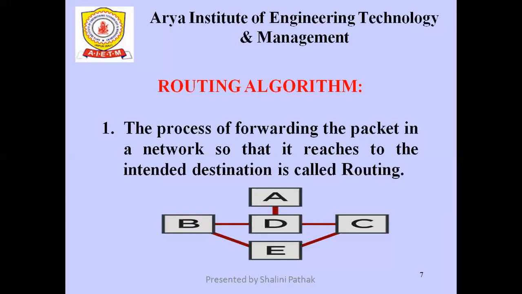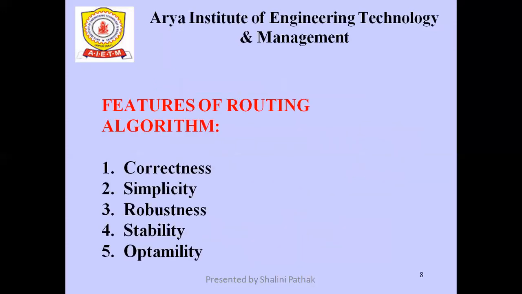As I've said, there are lots of algorithms, for example Dijkstra's algorithm, Bellman-Ford algorithm, and Ford-Fulkerson algorithm, which we will discuss in the next lecture. Now, features of routing algorithm.